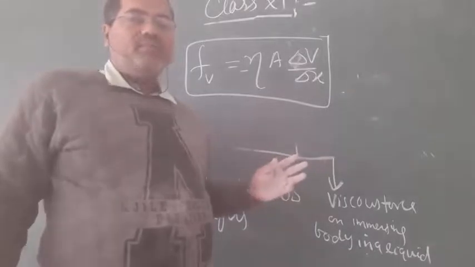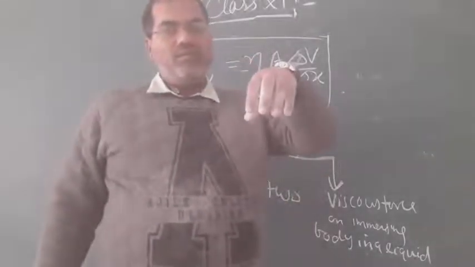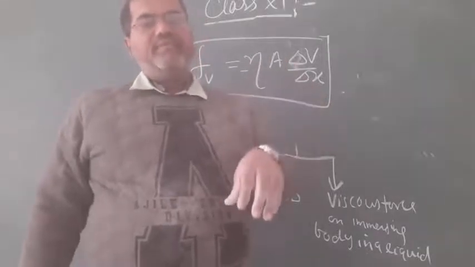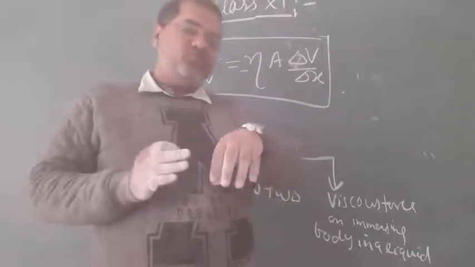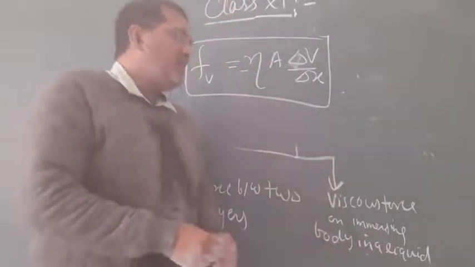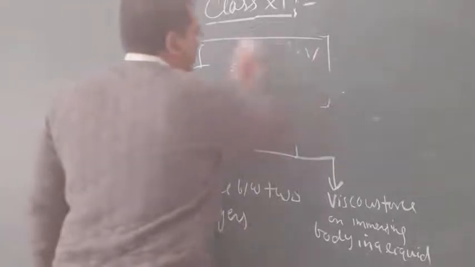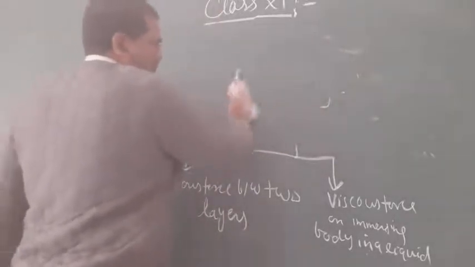Why? Because the body wants to go downward, so the viscous friction force will act in the upward direction to oppose the relative motion of the body. So this force is considered as Stokes law.